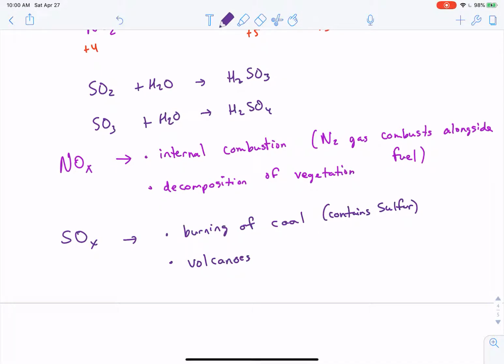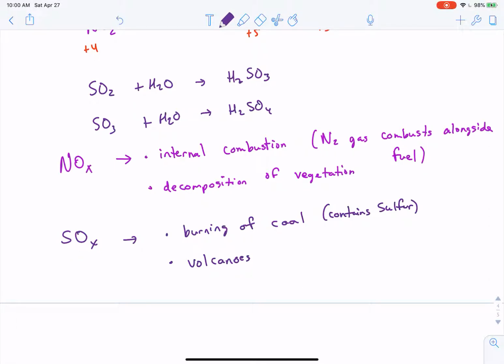Isn't it also decomposition? Probably not as much, at least not from what I've seen. I would say these are safe answers if they ask you. If they say, state one natural cause of the production of NO2, you would say decomposing plant vegetation, or volcanoes for sulfur oxides.